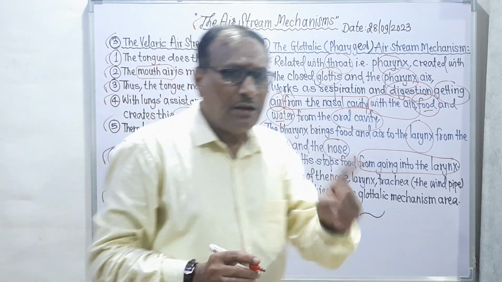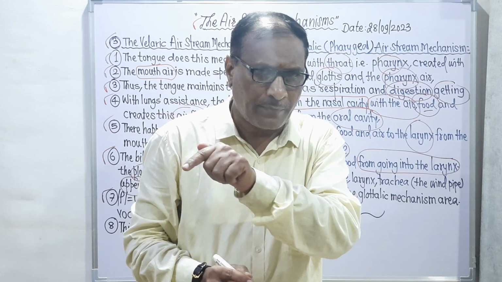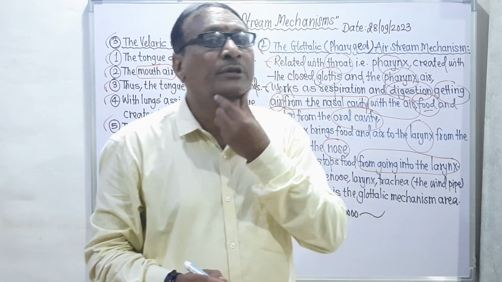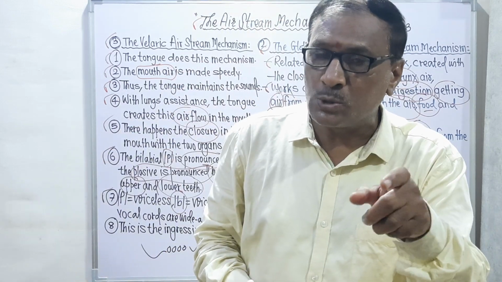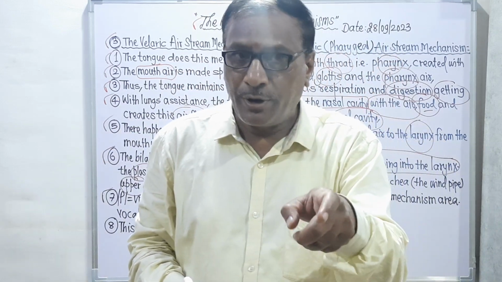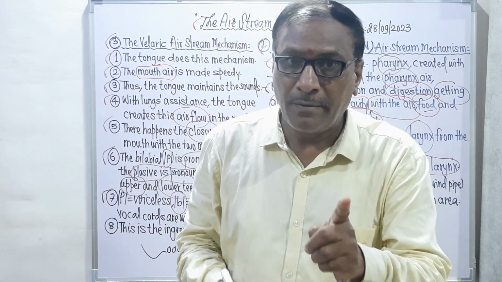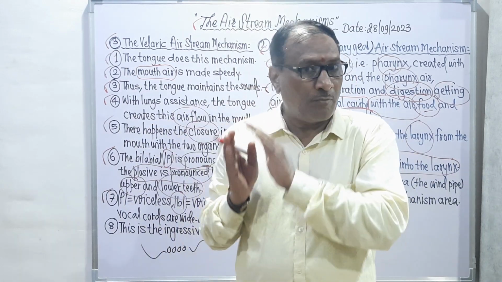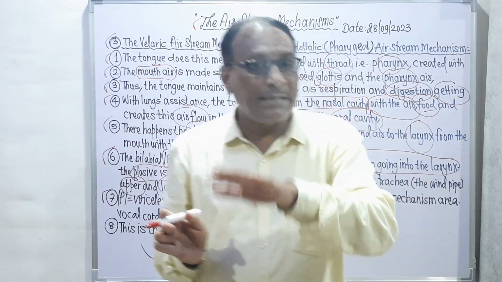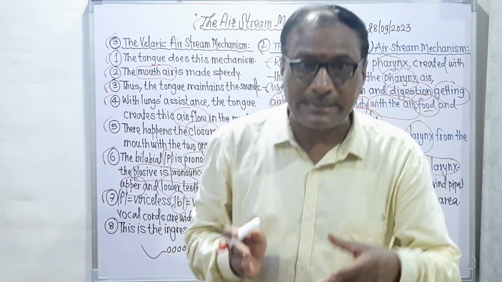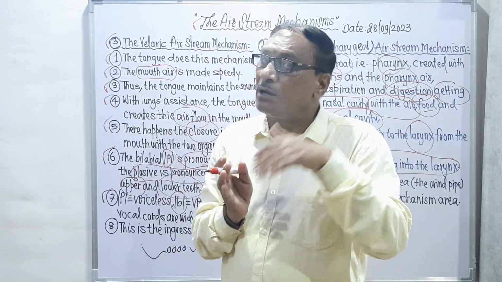Why? Because when we pronounce P, remember the situation of the vocal cords. When we pronounce the P sound, then the vocal cords are wide apart. Why? Because P is voiceless and there is no tension there on these vocal cords, and that's why P is voiceless.